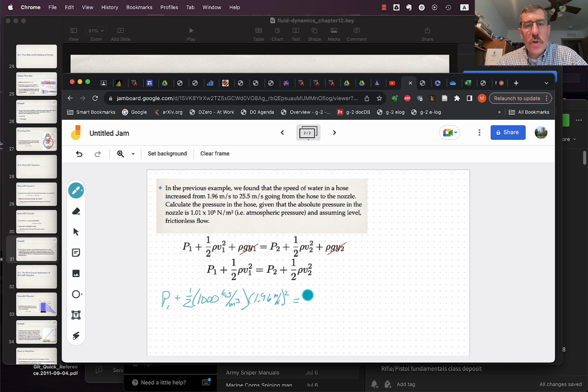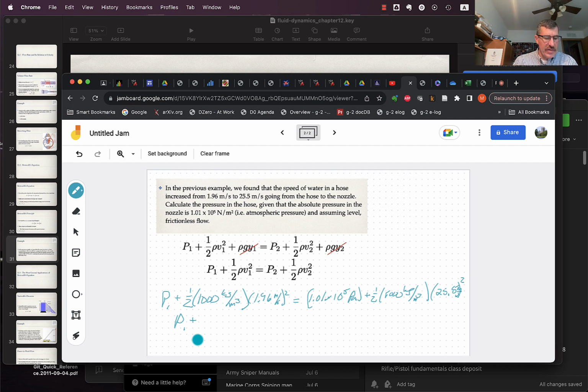And that has to equal the pressure in the nozzle, which we're told is 1.01 times 10 to the 5th pascals, or newtons per square meter, plus a half times density, which is still 1,000 kilograms per cubic meter, times the speed in the nozzle, which was 25.5 meters per second, squared.